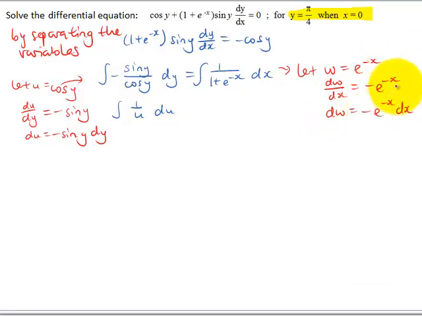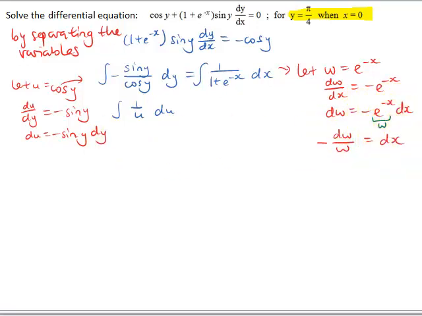And in this case, I can see e negative x is w. So let me divide this part over. Since e negative x is w, when I divide over, I'm just going to write w. So I have dw over w equal, there's a negative, I'm going to bring over to the right, and I'm just left with dx.